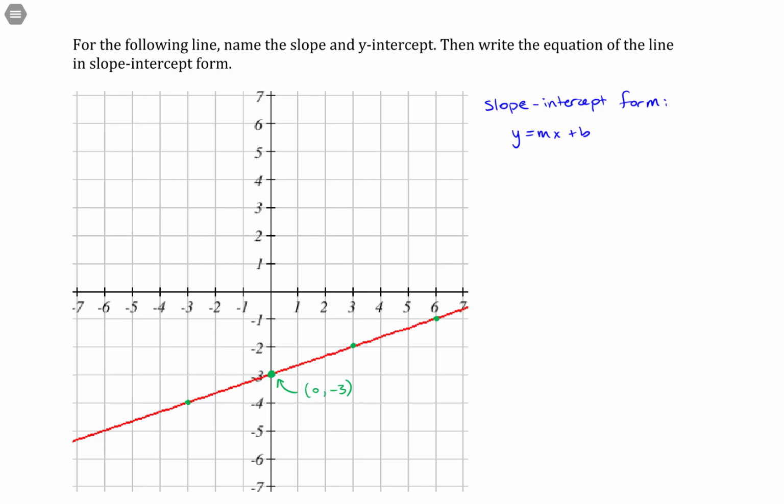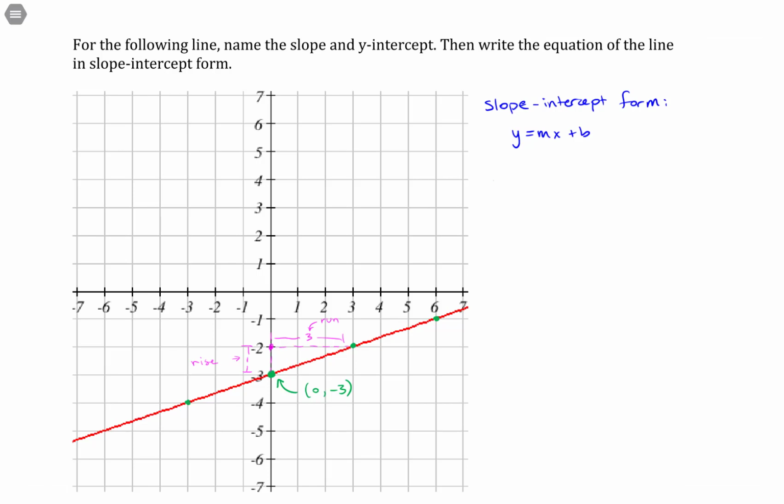We just need to determine how far vertically and how far horizontally we have to travel to get from one point to the next. So for instance, from this point here, if I go up 1 unit and I go over 1, 2, 3 units, so 3 this way and 1 this way, then that tells me my rise, which is the vertical change, and my run, which is the horizontal change.